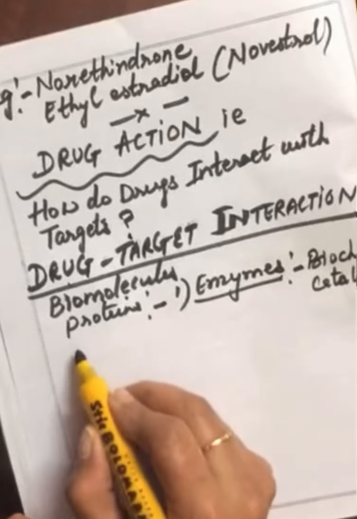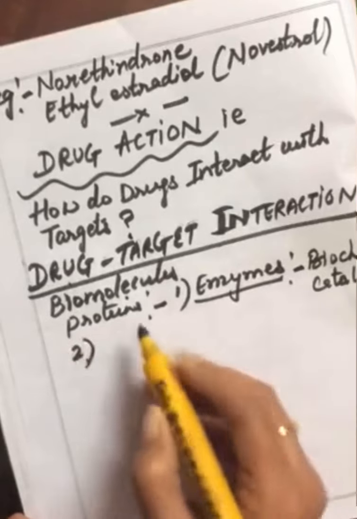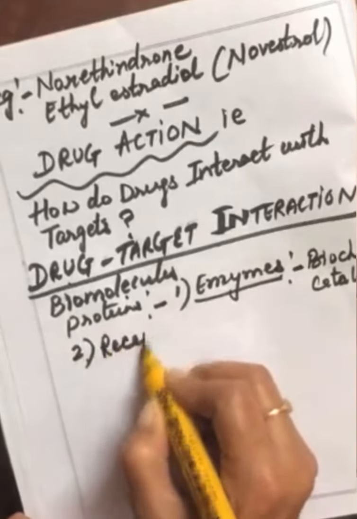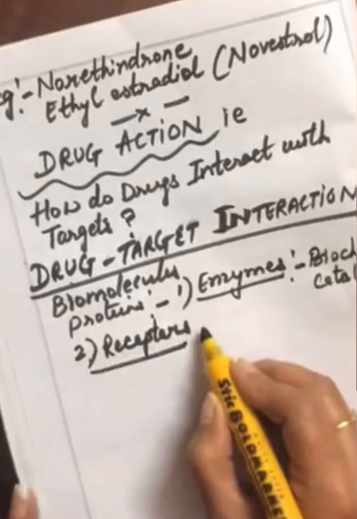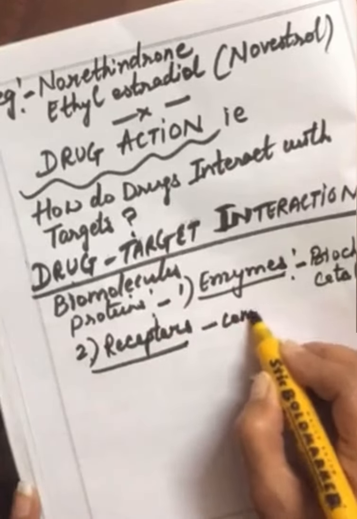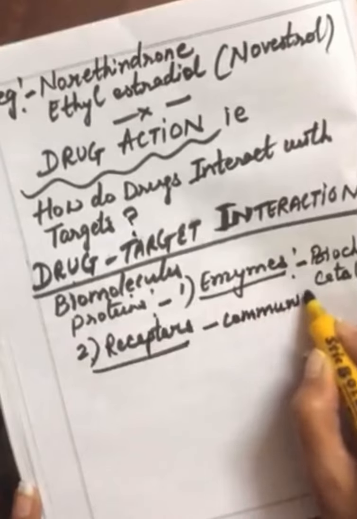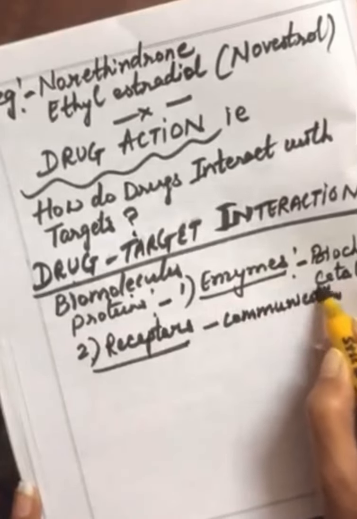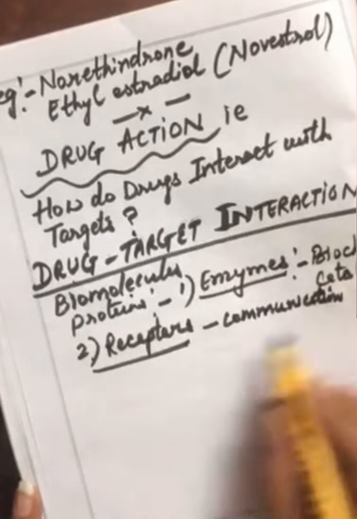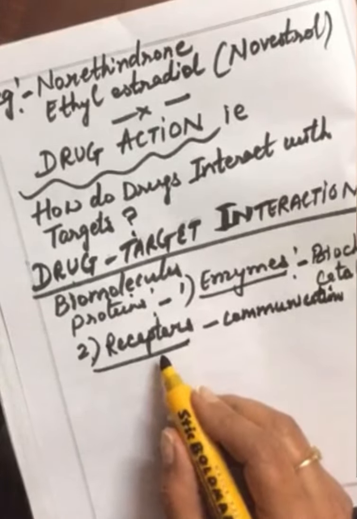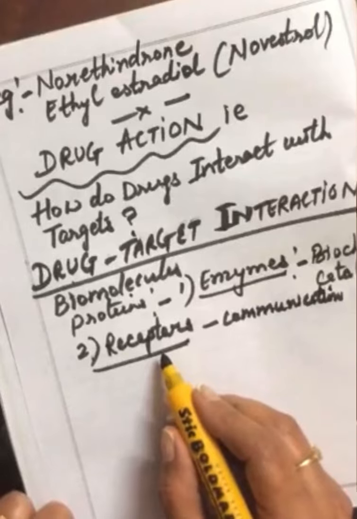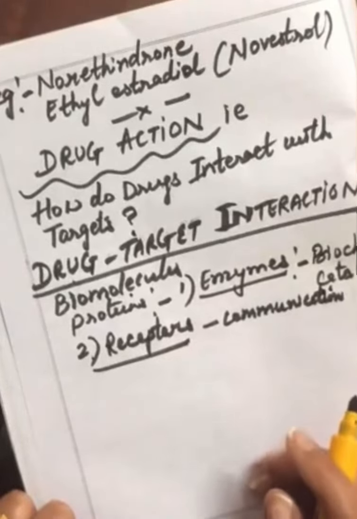Another example of proteins is receptors. What is the function of receptors? They are involved in communication. Our body communication system works because of the receptors. For example, if we touch something hot, immediately we withdraw our hand.